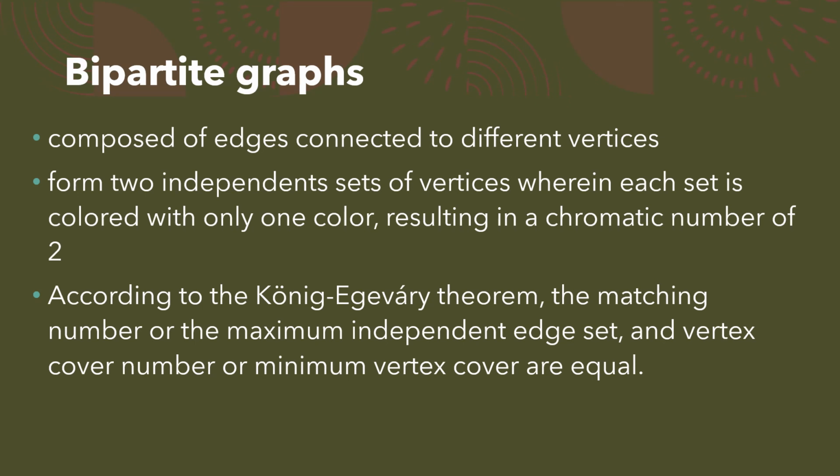Furthermore, according to the Koenig-Egevary theorem, the matching number, or the maximum independent edge set, which is a set of edges that does not share the same endpoint vertices, and the vertex cover number, or the minimum vertex cover, which is the lowest number of edges connected to a vertex, are equal in a bipartite graph.